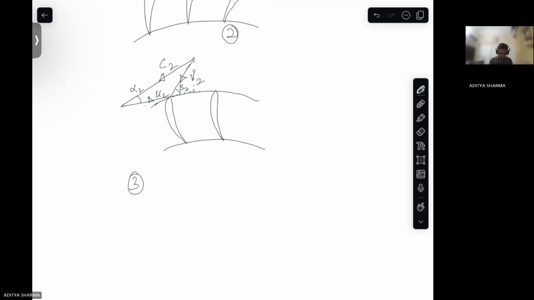Then this. This is relative, this is absolute, and this is the blade velocity.